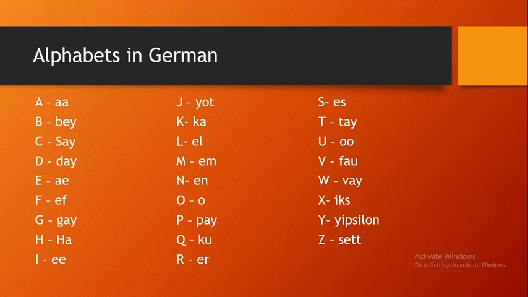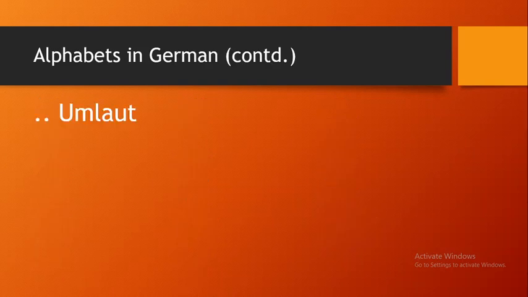So all the alphabets that you have in English, you have in German as well. But yes, there are a few extra characters in German. We'll see what they are. If you see these two dots, they are called umlaut.